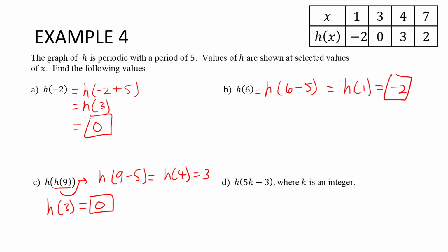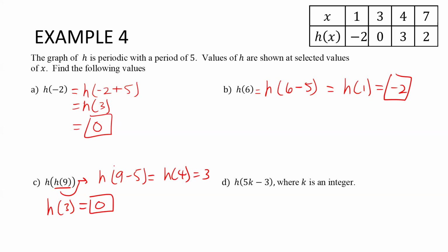Okay. So it's saying here, if we have 5k minus 3, where k is an integer, no matter what the k value is, what is going to be the output every single time? So in order to do this, we have to think about it in parts. So the first thing we have to think about is the -3 plus 5k.